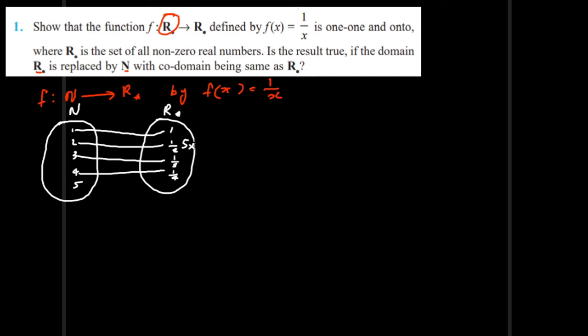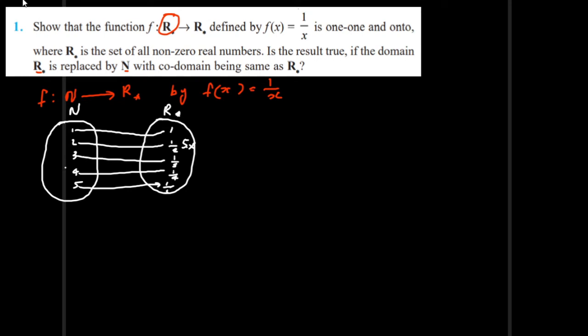No. So if you take 5, it is mapping to 1 by 5, etc. All the distinct elements of the domain have distinct images in R star, so the function f is 1-1. But if you take 5 from here, there is no pre-image in the domain. So this is not onto, but this is a 1-1 function.